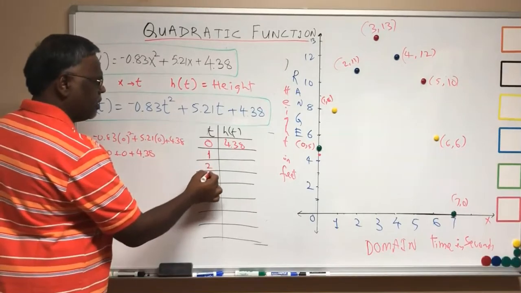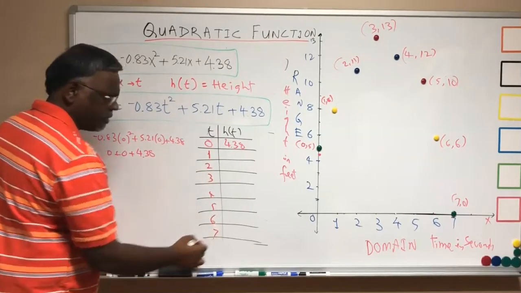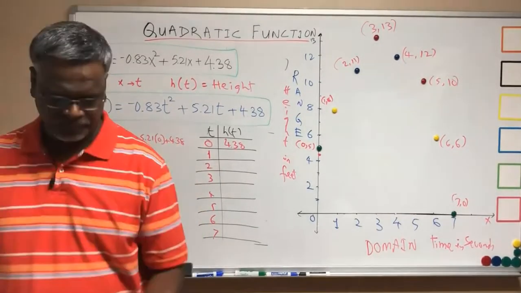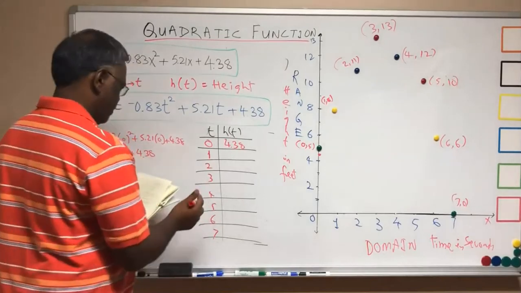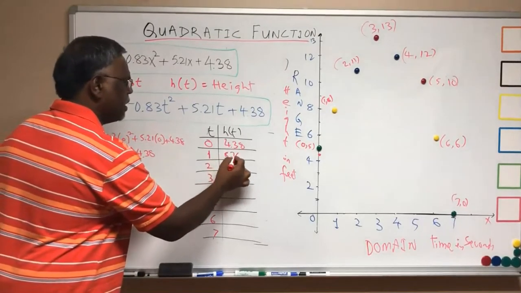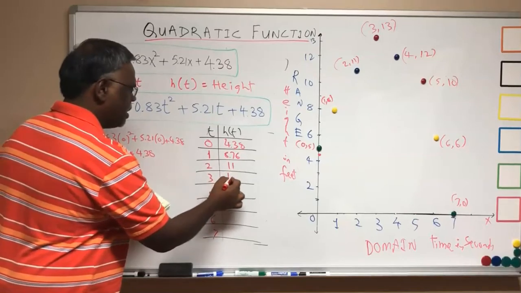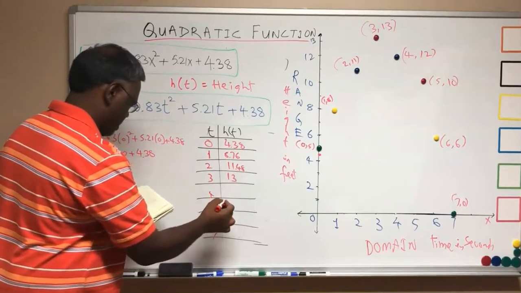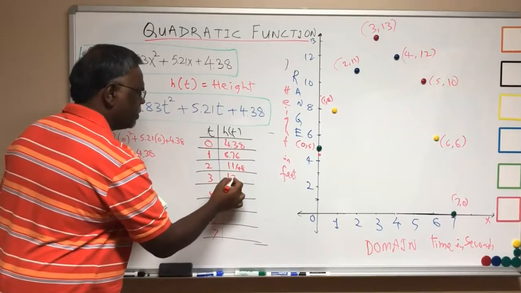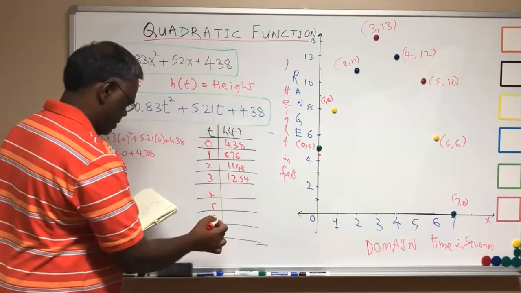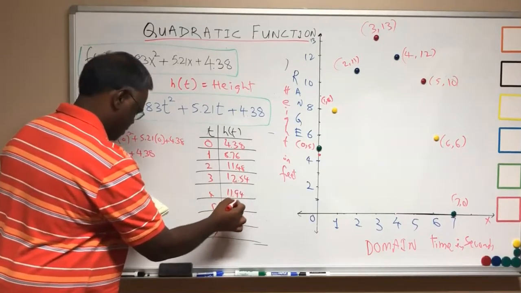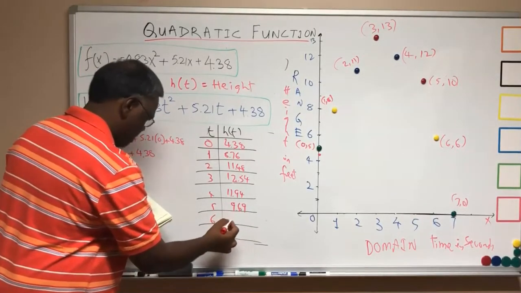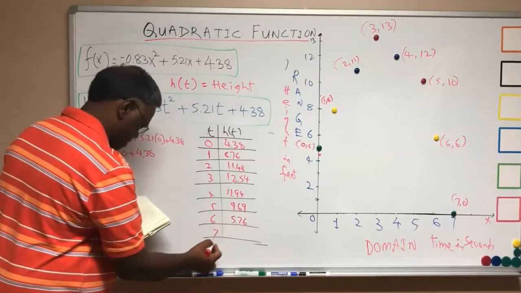Similarly, for 1, 2, 3, 4, 5, 6, 7, you have those values. 4.38, 8.76, 11.48, then it is 12.54, 11.94, then for 5, 9.69, 5.76.